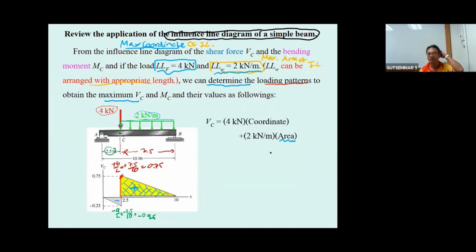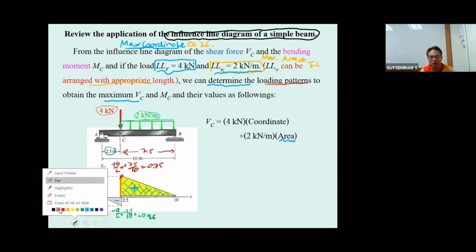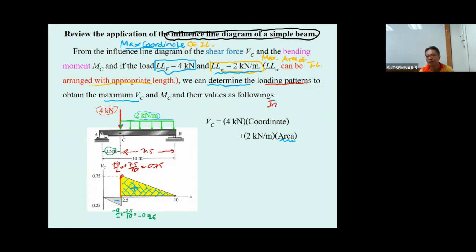But since the influence line of a statically indeterminate beam is curved, you have to go back and review integration of a function to find the area.